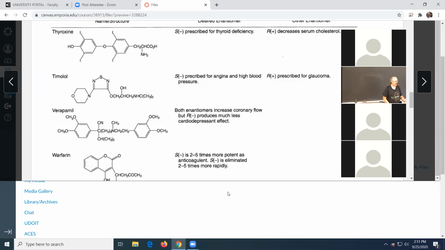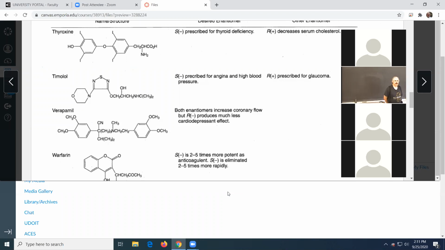This example of a single enantiomer in nature came to light several years ago in Oklahoma. The law enforcement agency seized a white powder, took it to lab and isolated it, and it turned out to be racemic cocaine.